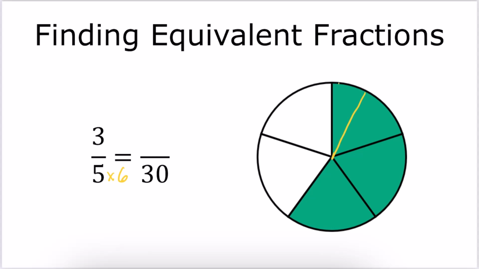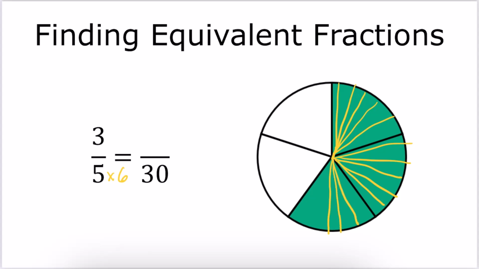So if I split up each one of these slices into 6, I would have 6 and then 12. I'm sorry, these don't look exactly equal, but they could be. And then I would have 18 and 24 and 30 slices in the circle altogether.